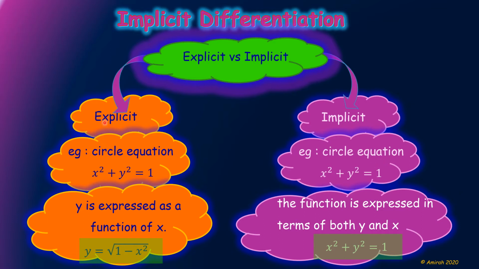But in explicit, we write y as the subject, and in implicit, we express it in terms of both y and x. The example we discussed earlier is the explicit differentiation, in which we directly derive dy over dx.